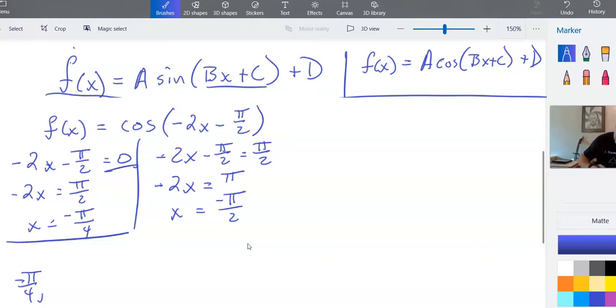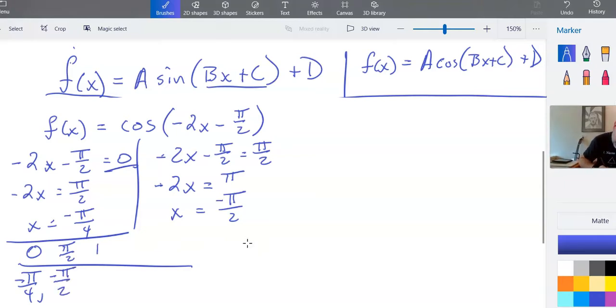Okay. Oh, this is interesting, the order things are going in, because this one started out as 0. Then when we had pi over 2, it went to negative pi over 2.